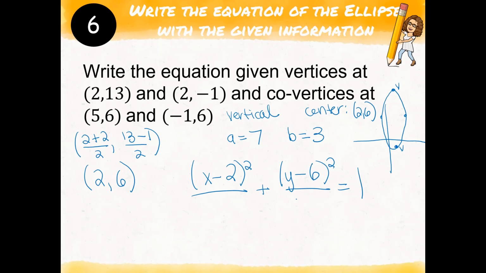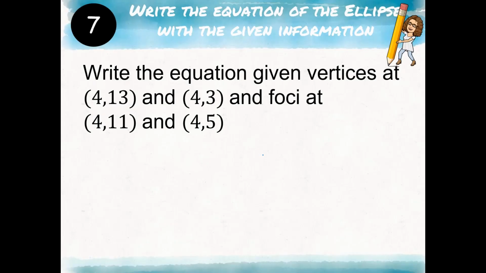And since this is a vertical ellipse, I know that the a value squared has to be in the denominator of the y. So this will be a 49 there. And then the b, we're going to square that. We're going to get a 9 there. And there is my equation. Ooh, cut through that one. Bad box job.